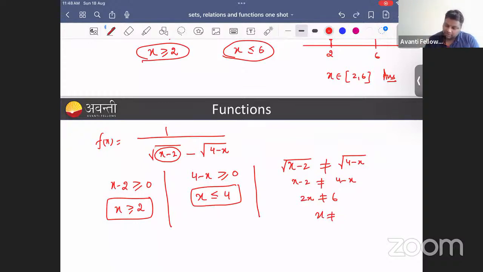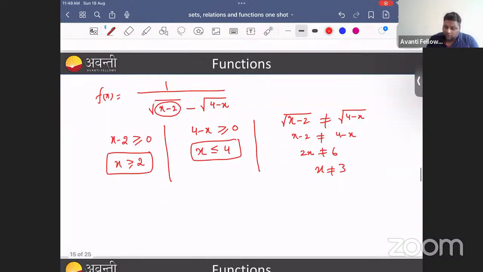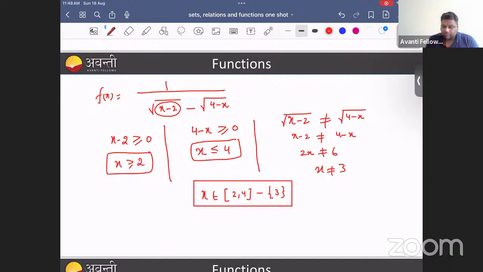Now domain will be what? Domain will be the intersection of all three of them. So your domain will be x belongs to [2, 4], excluding a single value 3. Got it?